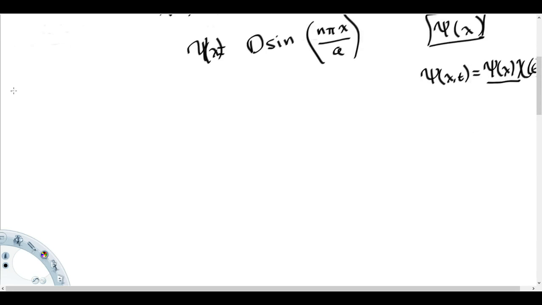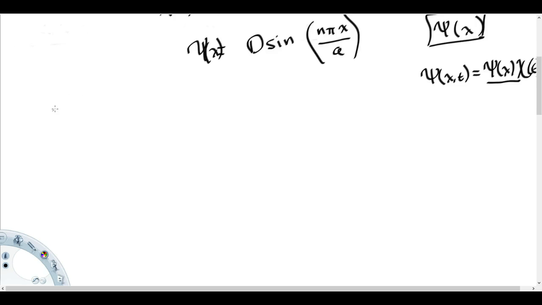So now this is our wave equation: psi of x equals D sine n pi x over a. Okay, so what do we do now? Well, there's one more thing we could do to finalize this result and find out what D is.